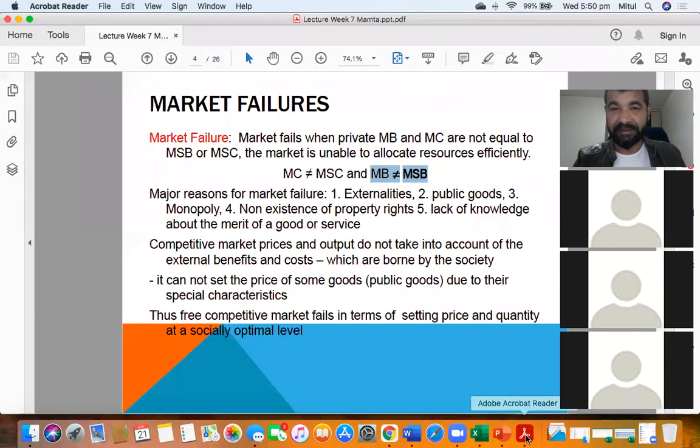Hope it makes sense now. So marginal cost is not equal to marginal social cost because there is some negative externality involved. Marginal benefit is not equal to marginal social benefit.